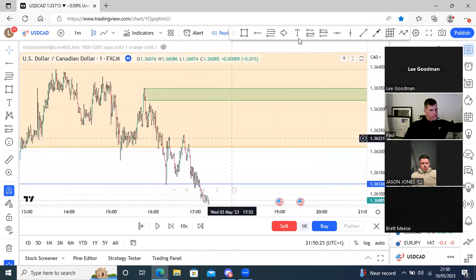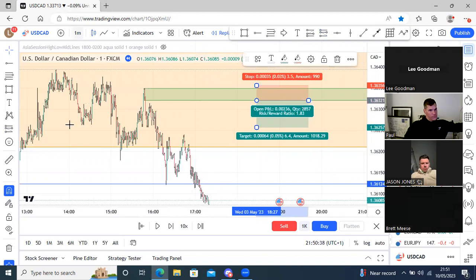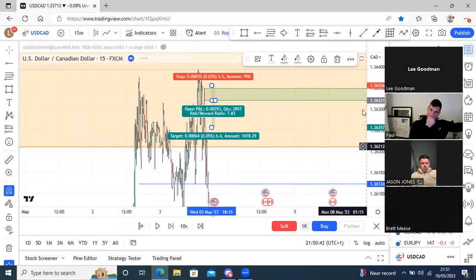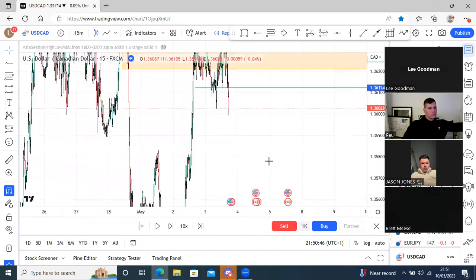But from this point, now it's broken that, I've decided which zone it was, and this would be my entry. Give it a little bit if you want it. I'll drop to the 15 minutes point here. Pick some relevant targets for the low.